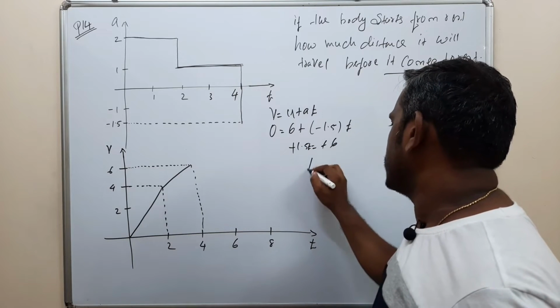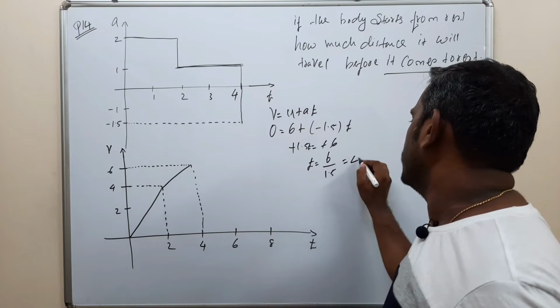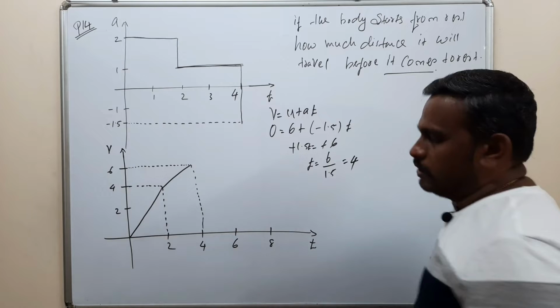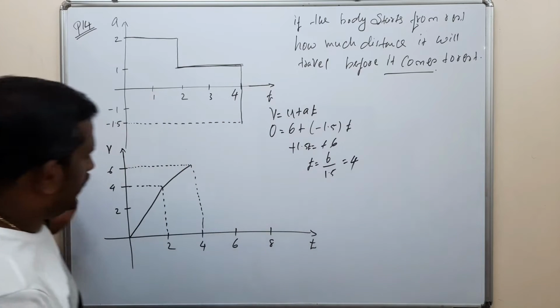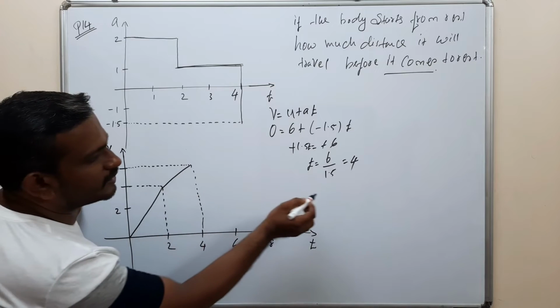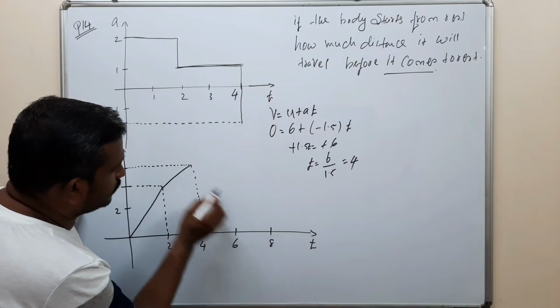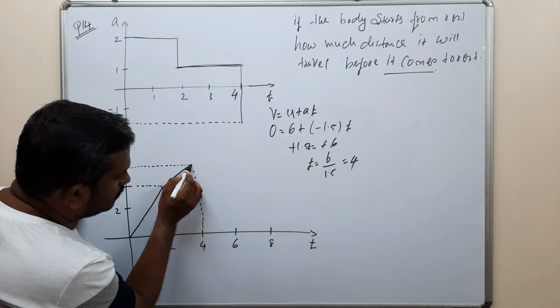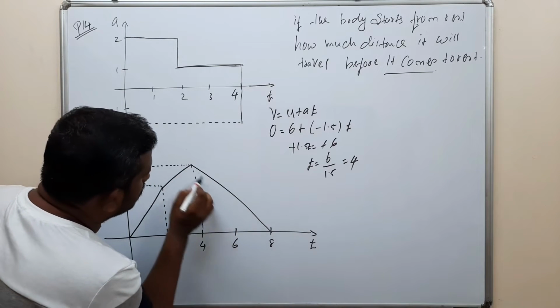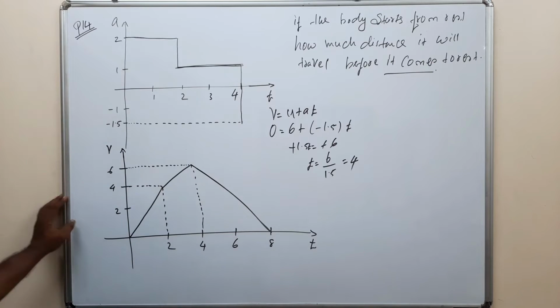So t is equal to 6 divided by 1.5, that's equal to 4. So the body starts to decelerate at 4 seconds, and finally it comes to rest 4 seconds later. Therefore at 8 seconds the body comes to rest.